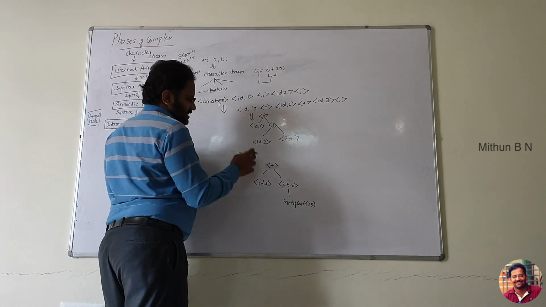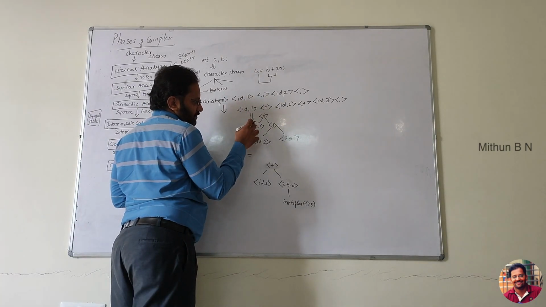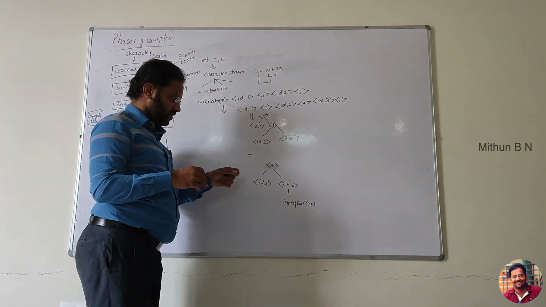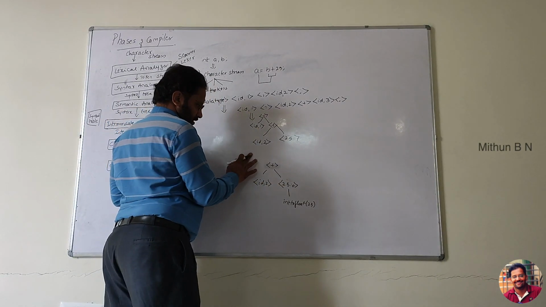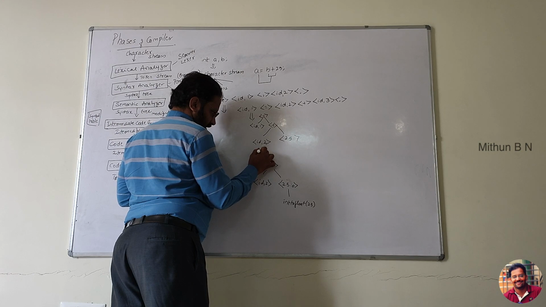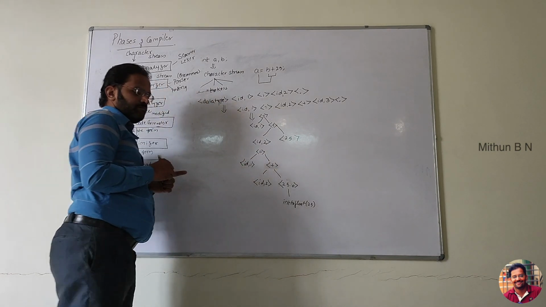Since identifier 2 and identifier 1 are real numbers, we have to convert this 25 also to a real number. Now this is the modified syntax tree.